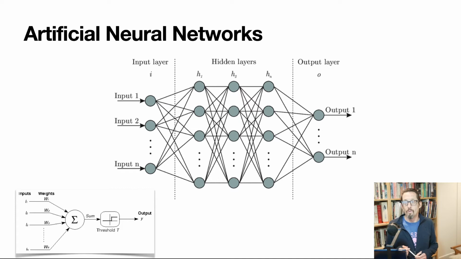So what happened after the perceptron died? Well, it didn't really die so much as it got bigger. A perceptron is a single neuron taking a bunch of inputs. So this is a single perceptron.